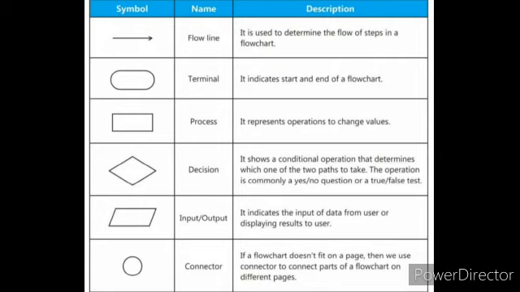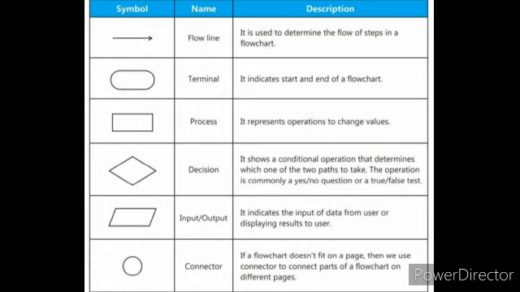The fourth symbol is the diamond symbol and its name is decision symbol. It shows a conditional operation that determines which one of the two paths to take. The operation is commonly a yes or no question or a true false test.